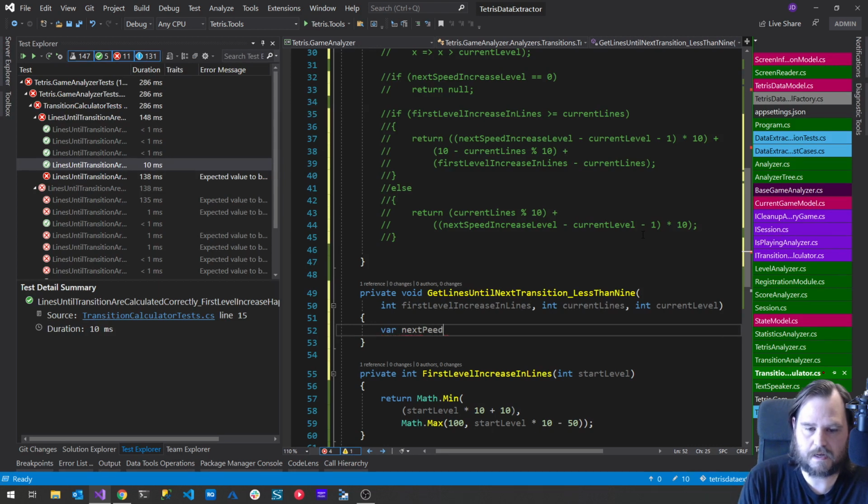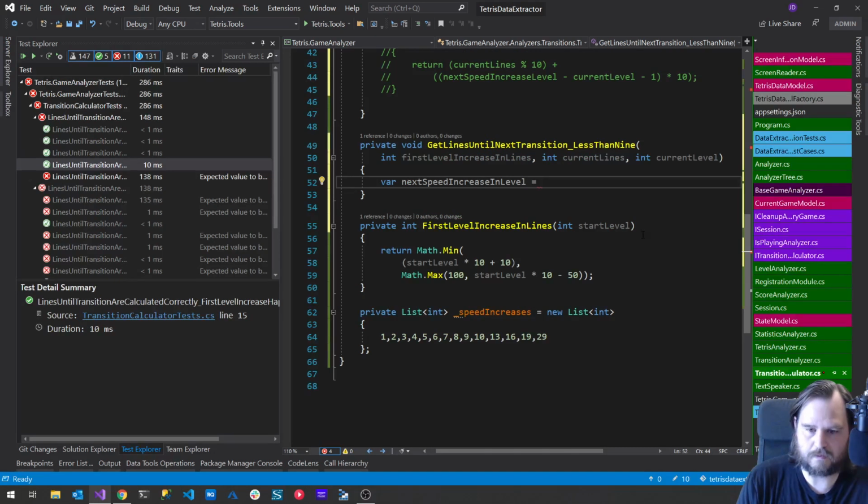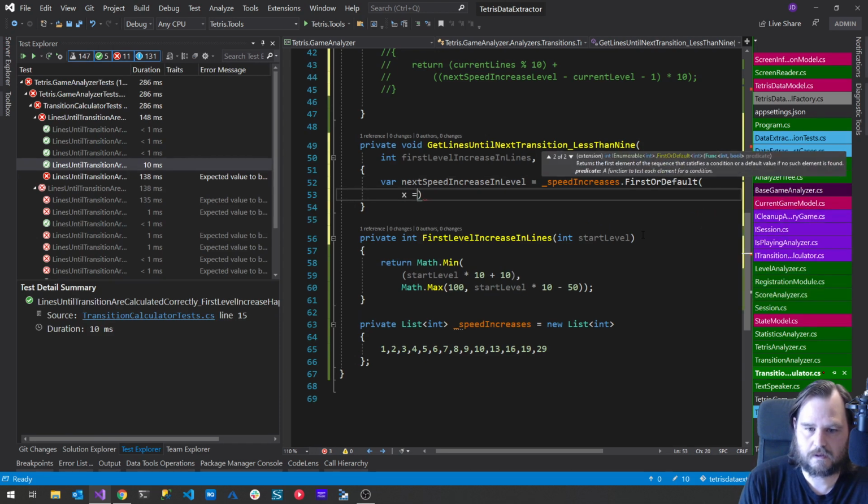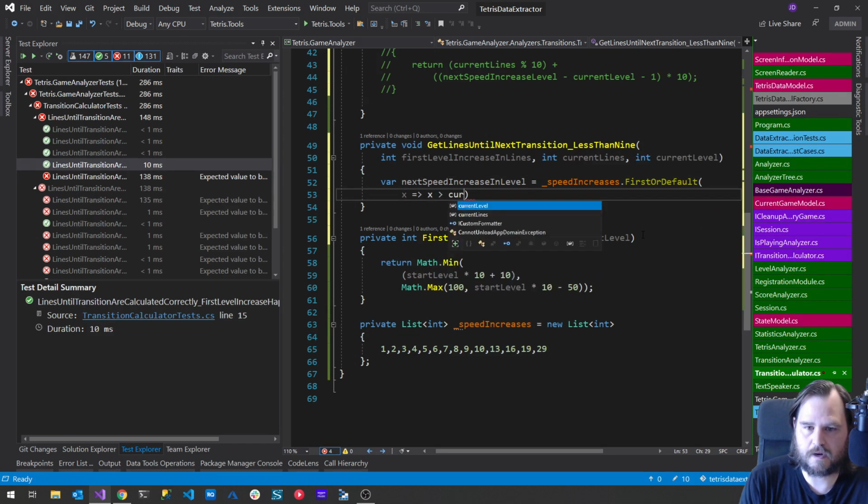Next, speed increase in level equals speed increases first or default, x is greater than your current level.